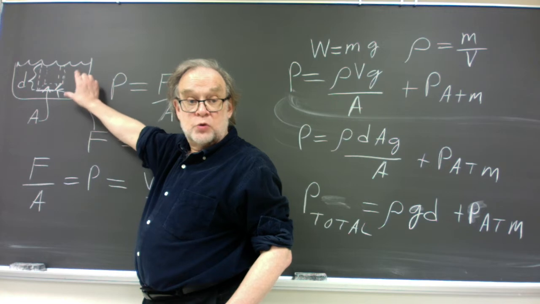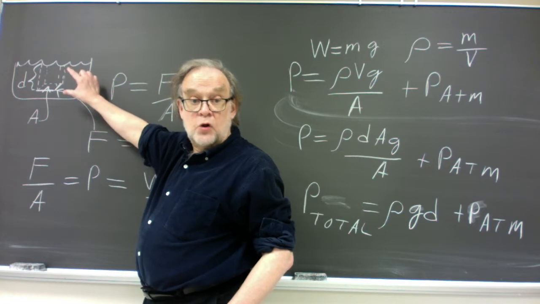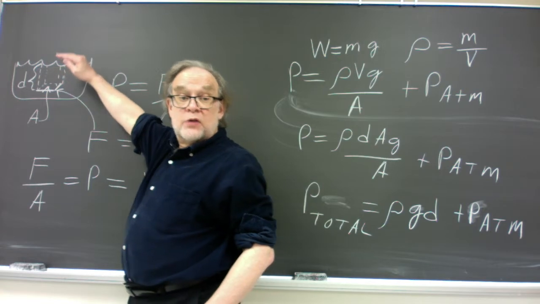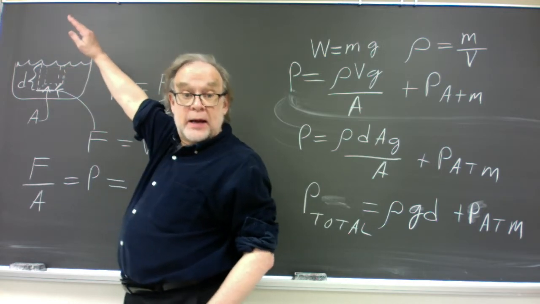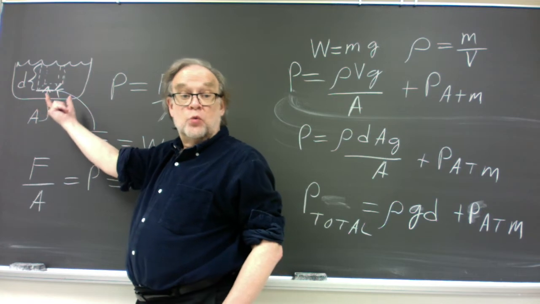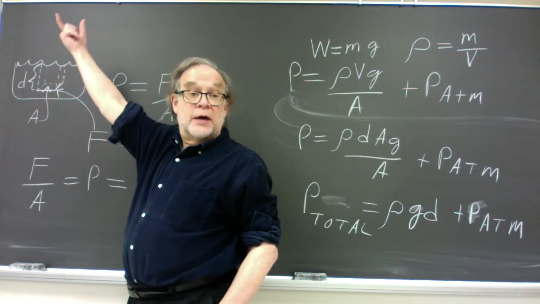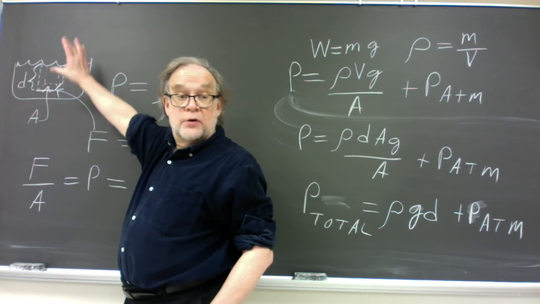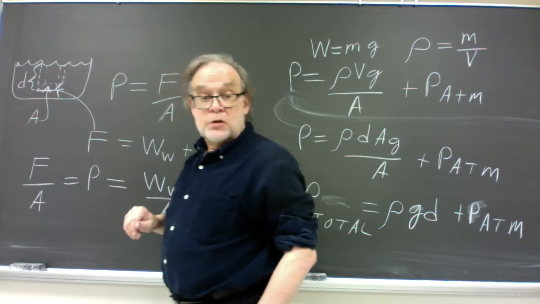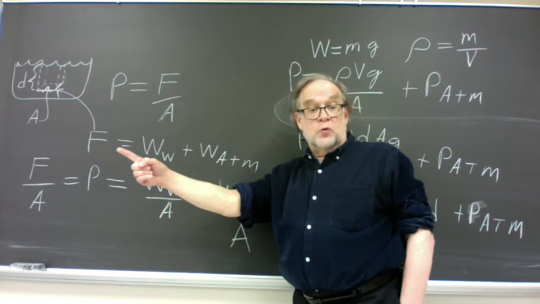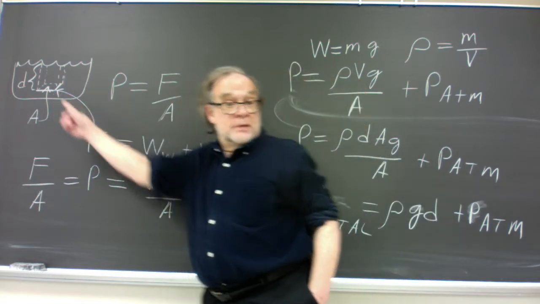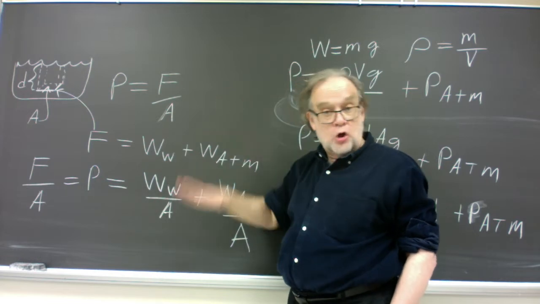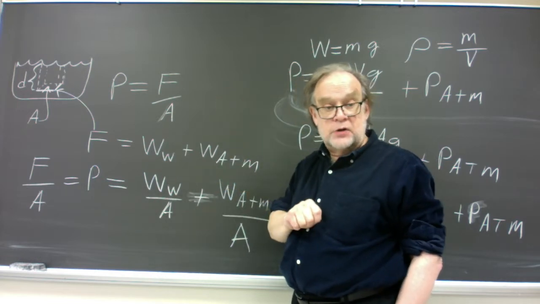The force is equal to the weight of all the water directly above it, plus the weight of all the air above that. And the grand total weight of all the matter directly above that surface area, water and air. So, total force on that area is the weight of the water plus the weight of the atmosphere, all pushing down on that surface area.